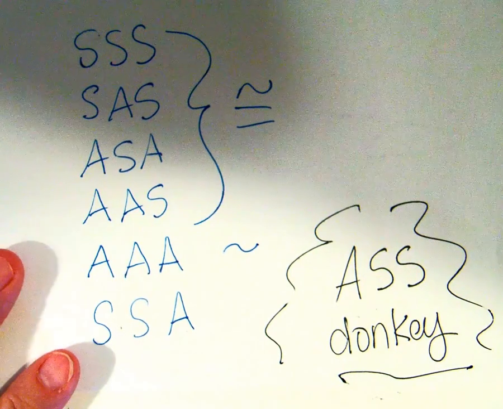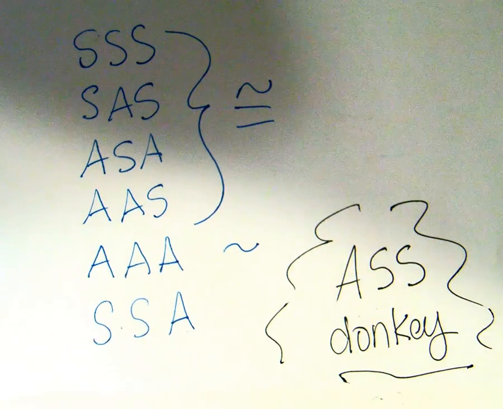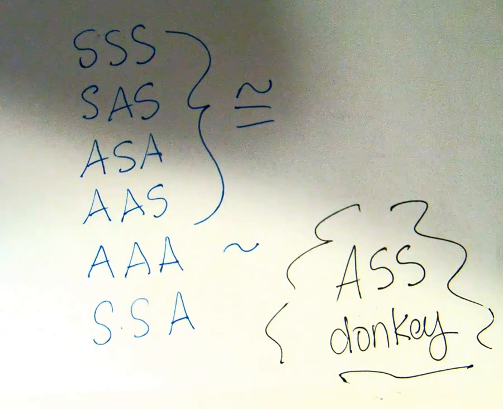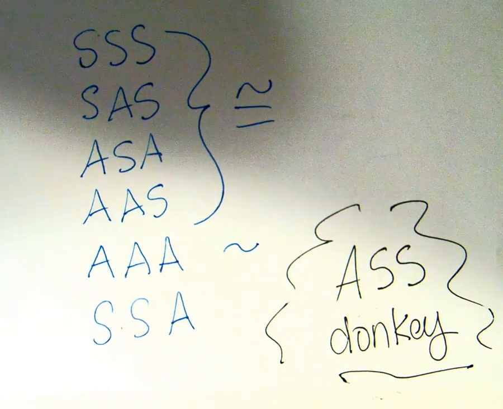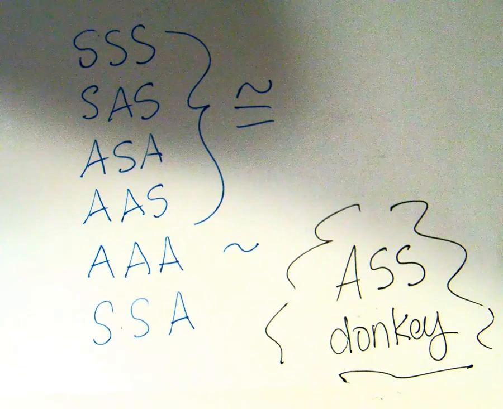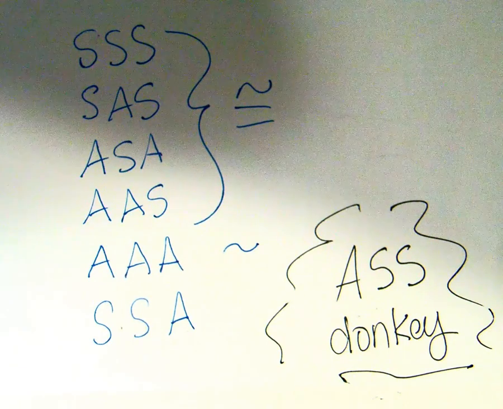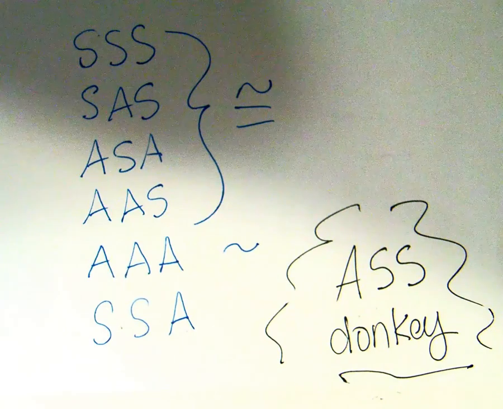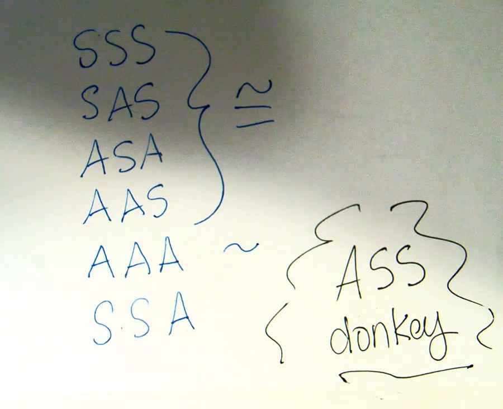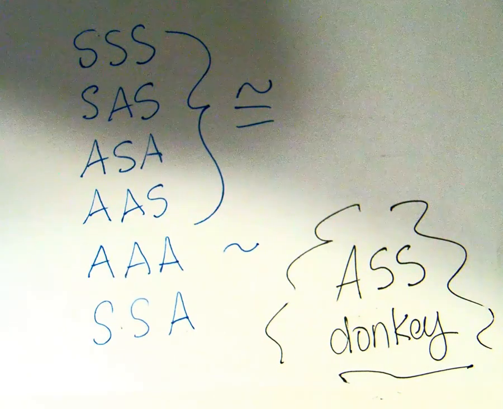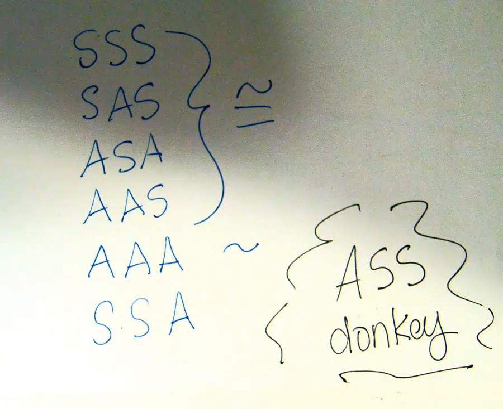Now, a word to the wise, don't get too upset. Y'all are all going to try to use it at one time or another. Okay? It's going to happen. You're going to work through this proof, and you're going to be working hard. You're going to be doing this and doing that, and you're going to come down and say, I got it. And then you look back and you see a side-side angle, and you go, oh my, it done made a donkey out of me. It's going to happen.